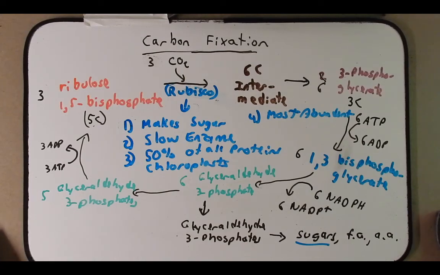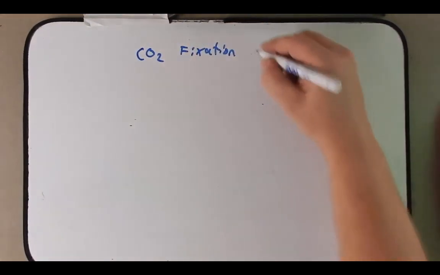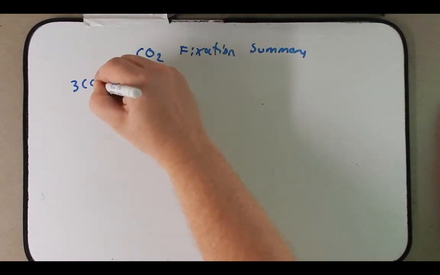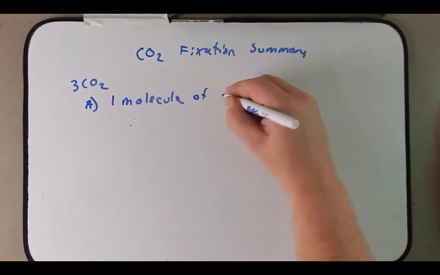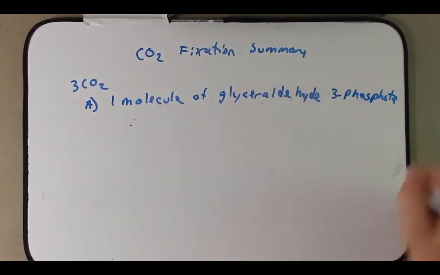Okay, now I want to summarize what is made in carbon fixation and what is consumed. So carbon fixation summary. Okay, so for every 3 CO2s that enter the cycle, 1 molecule of glyceraldehyde 3-phosphate is made.